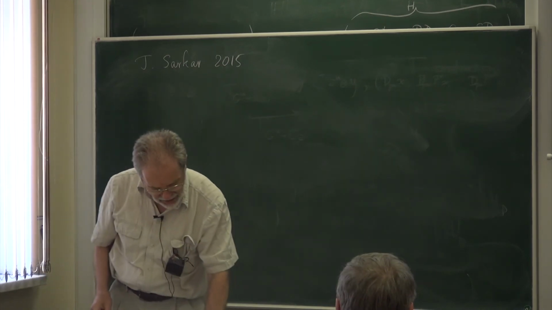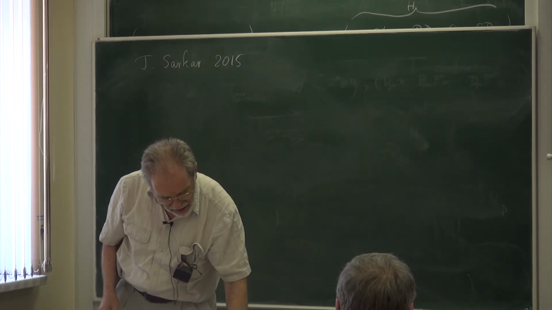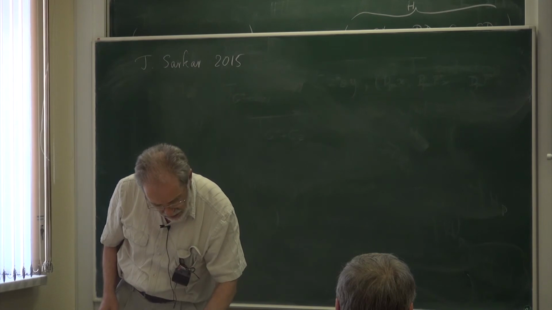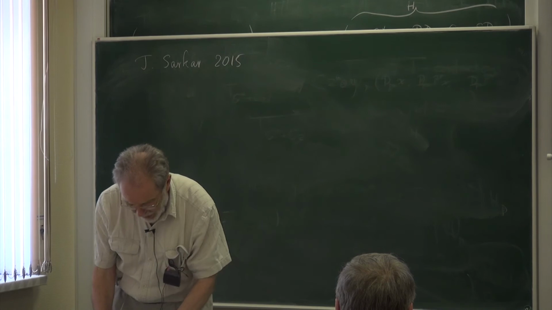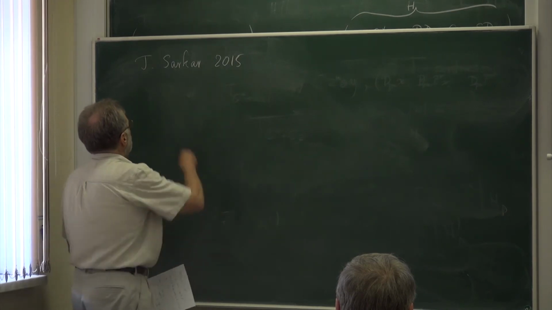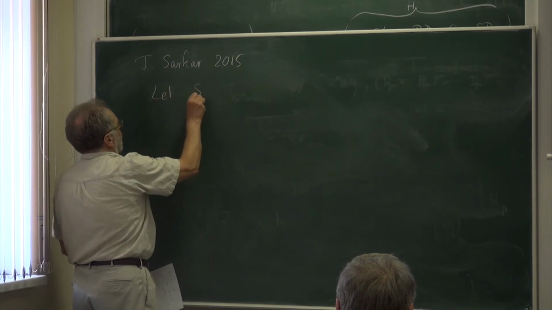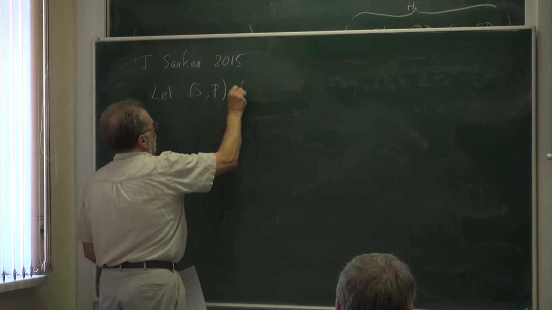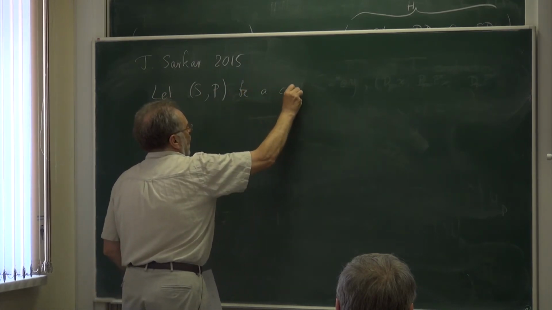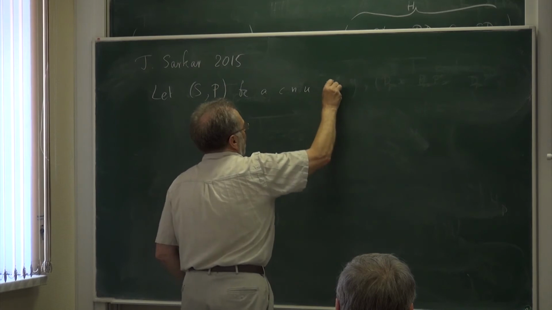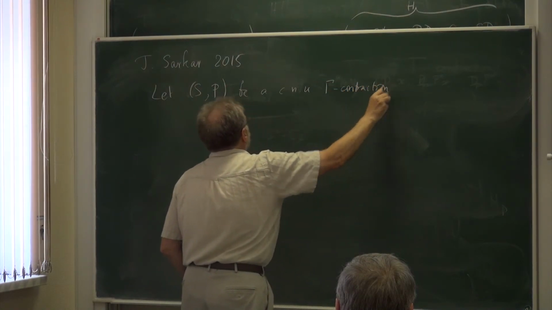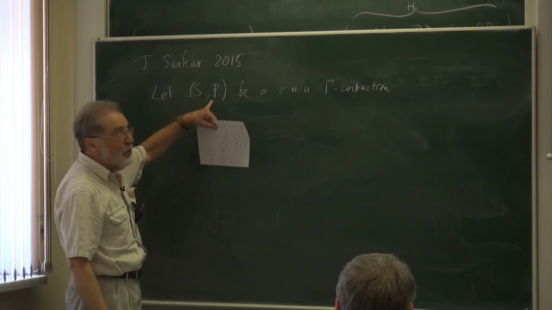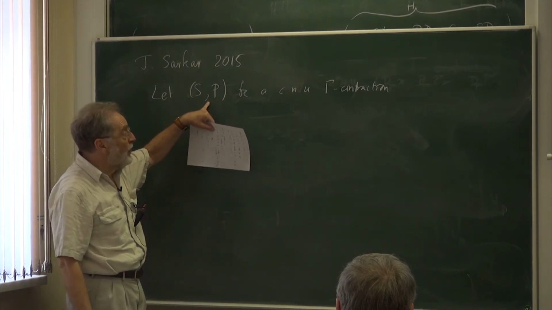And so now let SP be a completely non-unitary gamma contraction. So that means it's a gamma contraction, and it means that P as a contraction is completely non-unitary.